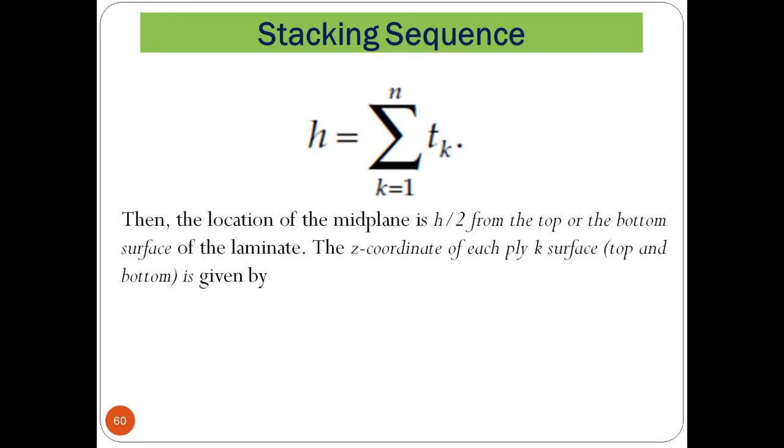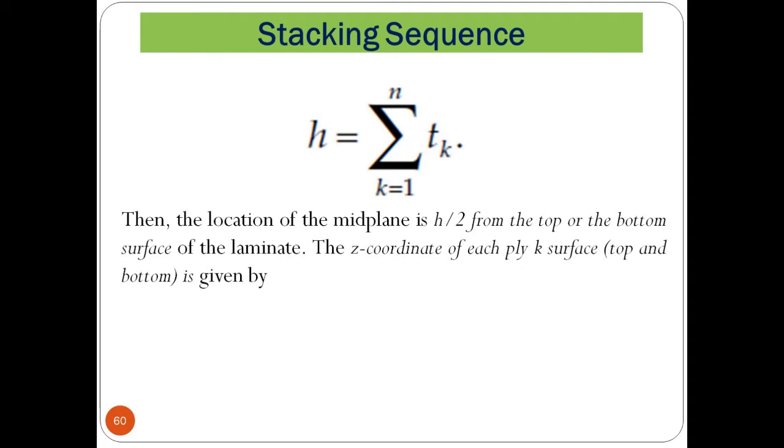Now in connection to the previous slide, which tells us about the stacking sequence, the total height is the summation of the thicknesses, with k varying from 1 to n, where tk represents the thickness.